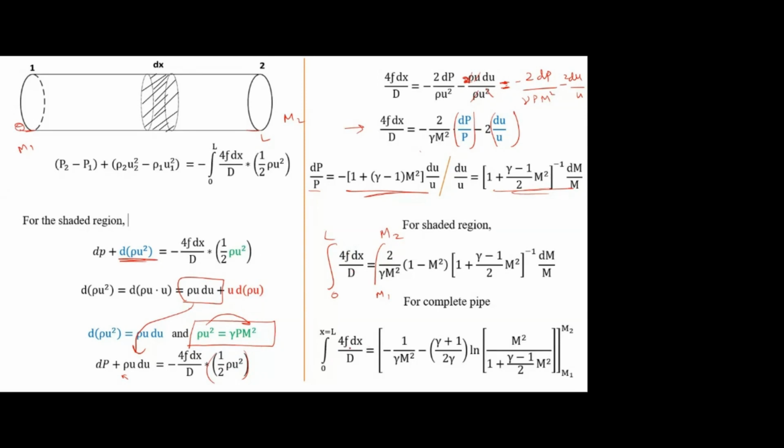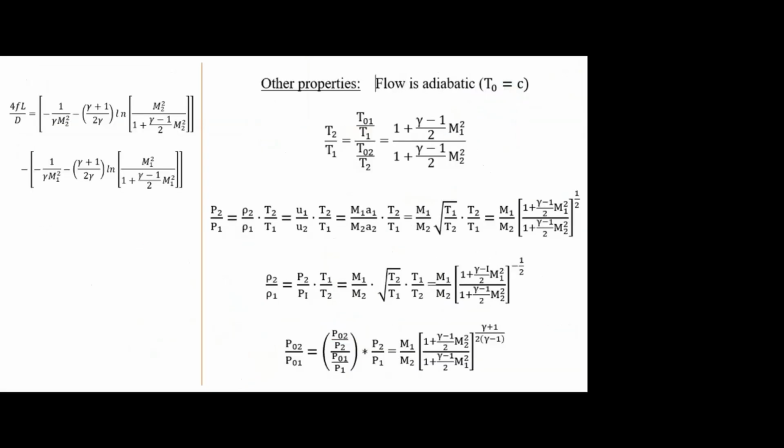Here I will get simply 4f L by D minus 4f 0 by D, so it is simply 4f L by D. And after integrating, I am getting this term. Simply apply the limit. Finally I get 4f L by D equal to the whole term in terms of M2 minus the whole term in terms of M1. That's it.